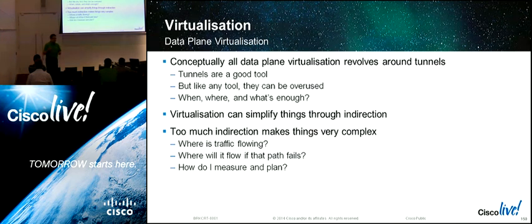Tunnel is not necessarily a bad thing, but if I have to tunnel everything all the time, it may not be a good thing. Tunnels, of course, virtualize the transport, but it may mean that I don't have a direct path to the destination. We talked about the case of the L3 VPN provider that has an LSP between two PEs that connect my sites, but that LSP may go who knows how until it gets to the destination.